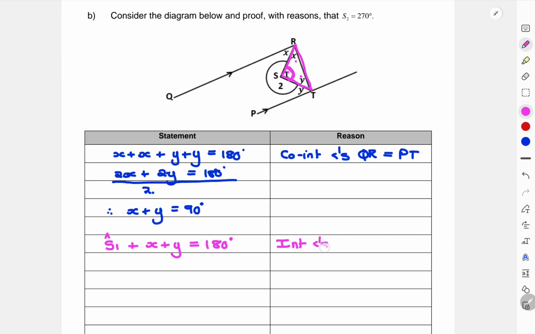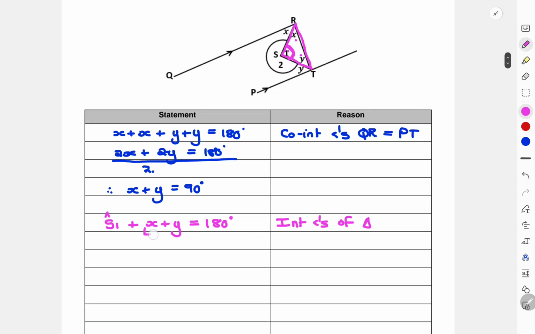Because of interior angles of a triangle. I always write interior angles. It can just also be angles of a triangle. But we know that x plus y is 90. So let me go and replace x plus y with 90. Then I am able to get S1's value, which is 180 minus 90, which is 90 degrees.